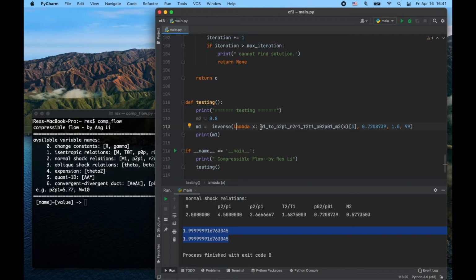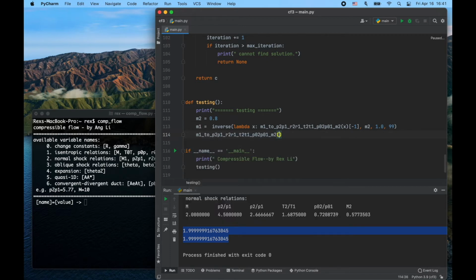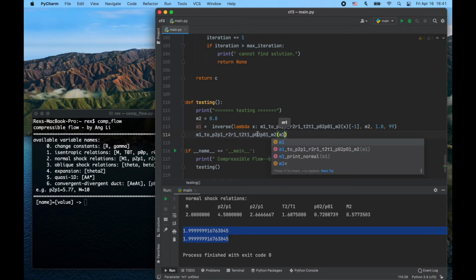M1 is this function, only returning the last value. So -1. And our target would be M2. And our lower limit and upper limit, I'll just keep it 1 and 99. And then we can print out the flow by that given M1.